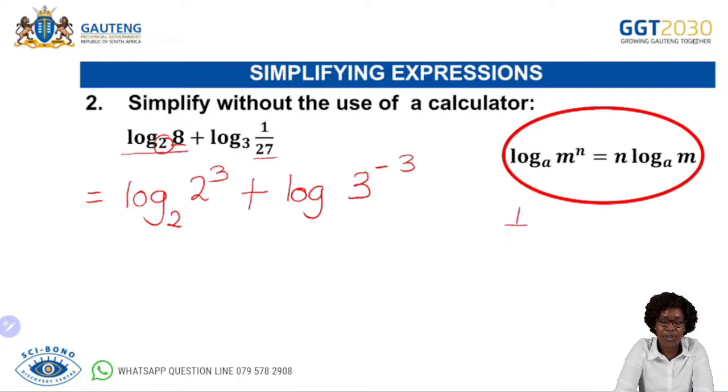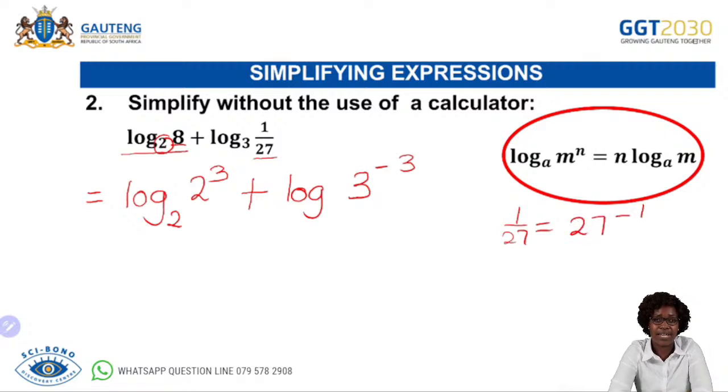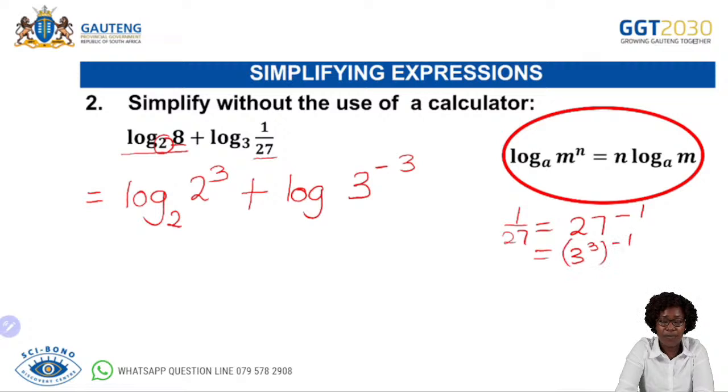So 1 over 27 is equal to 27 raised to the power of negative 1. And then we factorize the 27. The 27 now becomes 3 raised to the power of 3. And this will be raised to the power of negative 1. Thus giving us the solution that we've just found there as 3 raised to the power of negative 3.